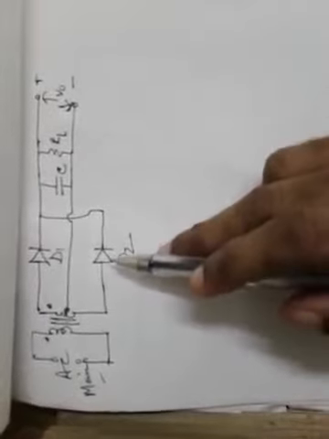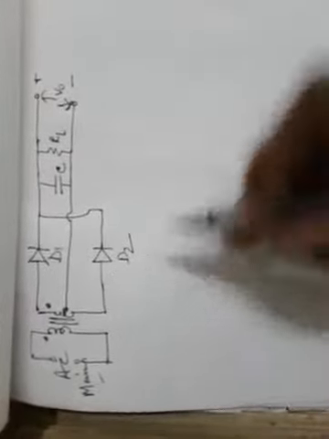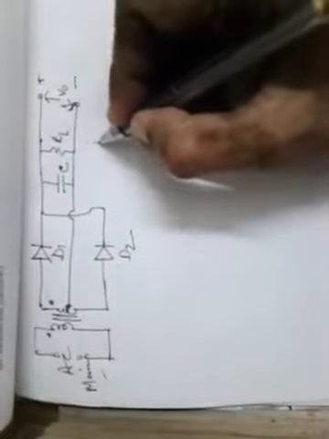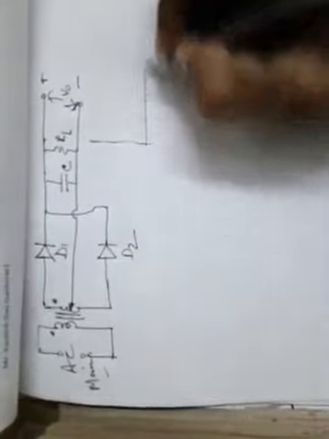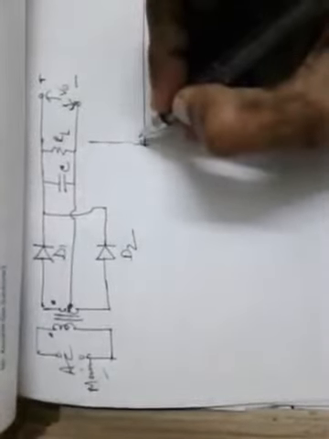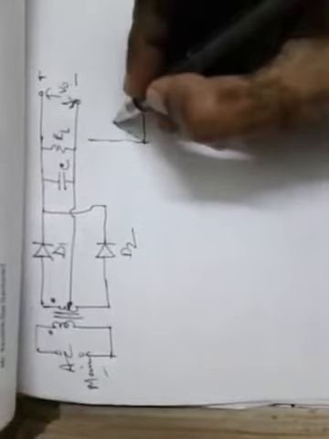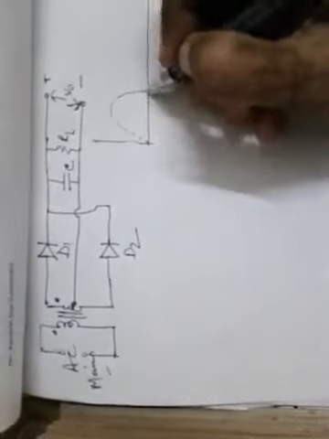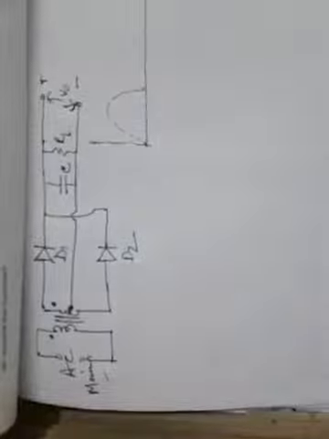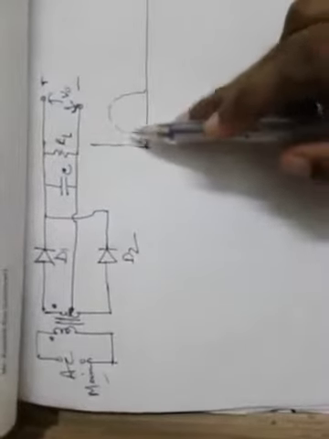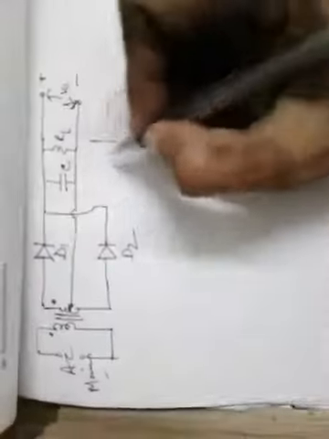During the positive half cycle, let us draw the diagram first. This is the input voltage. Let us suppose this is the first positive half cycle.